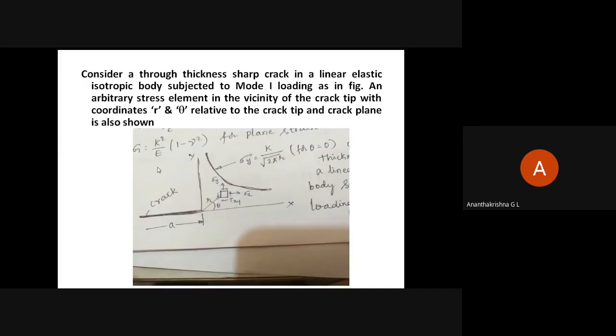Okay, so now what you do, please note down this sketch. Please note down this sketch.